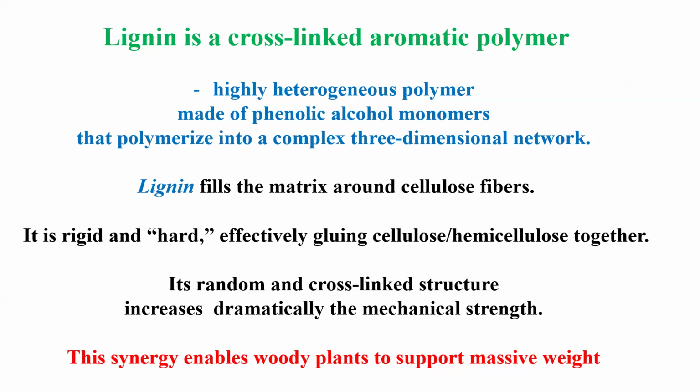Its random and cross-linked structure increases the mechanical strength dramatically. So there is a very high synergy, and it really enables various types of woody plants to support a massive weight. There are trees which grow over 100 meters tall, and this is all because of this.